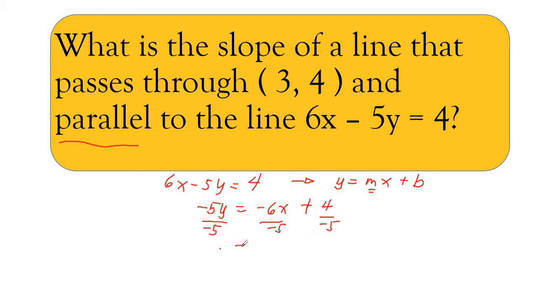So, we will be arriving at y is equal to negative 6x divided by negative 5. So, this is 6x over 5. 4 divided by negative 5. That's negative 4 over 5. We are more concerned with the numerical coefficient of x because that is the value of m, which is the slope of a line. So, therefore, the slope of a line that passes through point (3, 4) and parallel to the line 6x minus 5y is equal to 4 is 6 over 5.